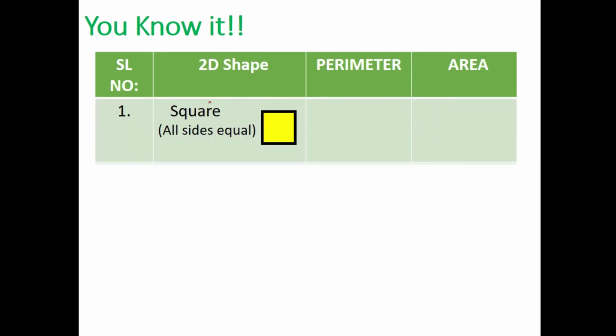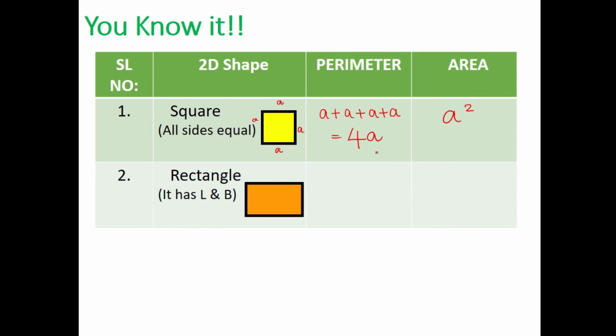Number 1, square. All sides are equal, so we consider the sides to be equal to A. So the perimeter is going to be the sum of all sides, which is equal to 4A. The area of a square is a square. The next is a rectangle. We have the length and the breadth.